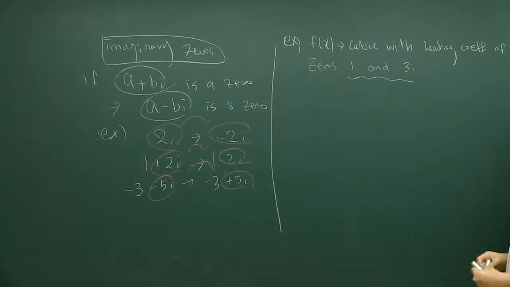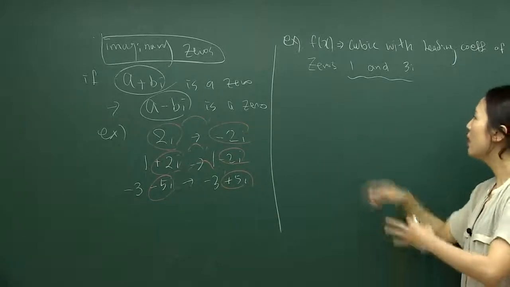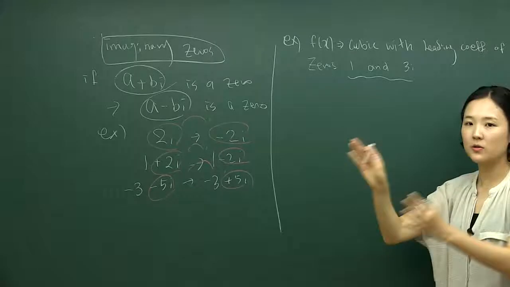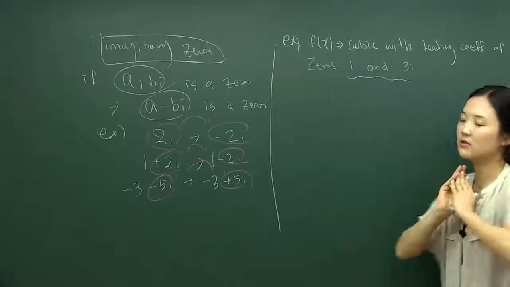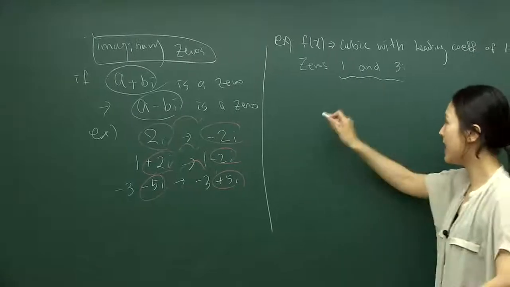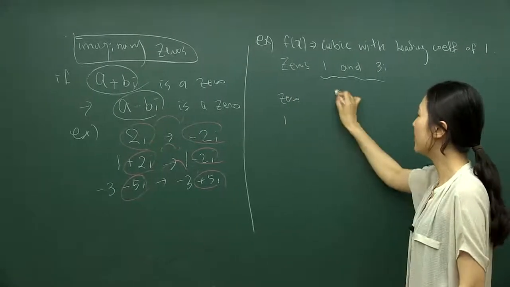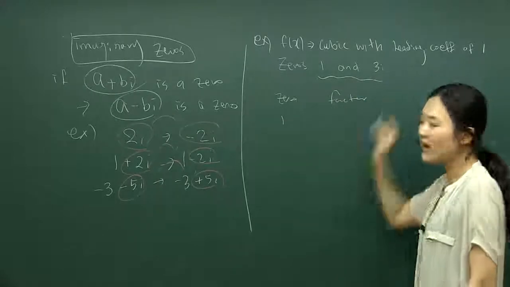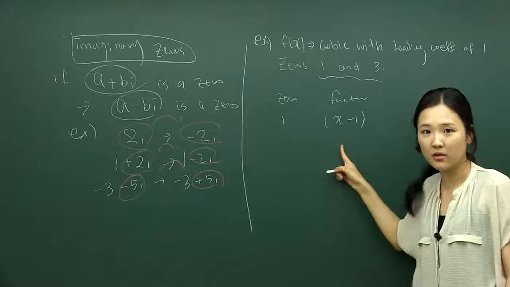Remember with quadratic functions in the previous lecture, we talked about how zeros and factors are related. If 1 is given as a zero, then there must be a factor for that function given by x minus 1.